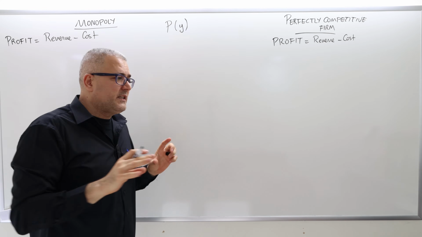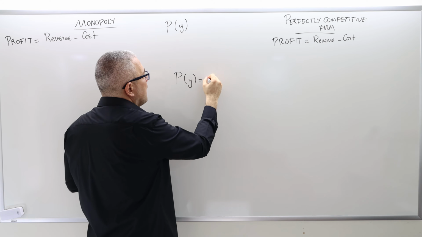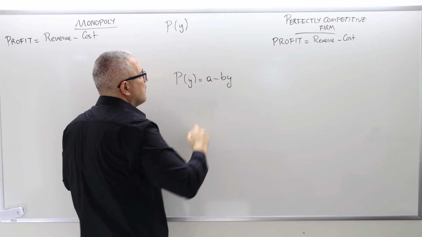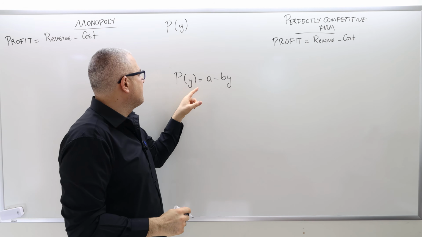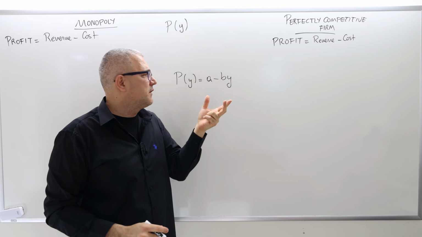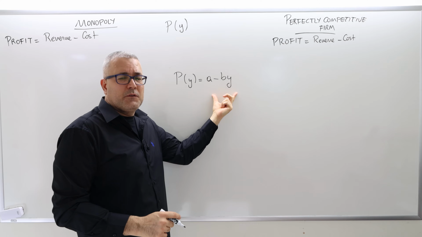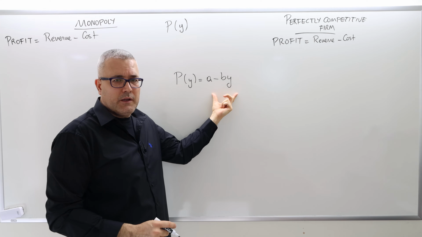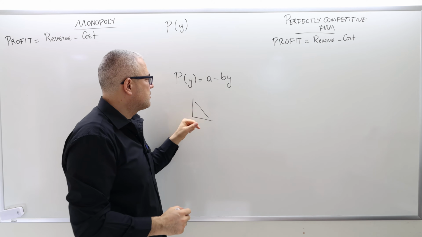Just to give an example, sometimes we say P of Y equals A minus BY, all right? So Y is the output, the quantity, and then A and B are some positive constant numbers. Therefore the price is inversely related to the quantity, so this is a linear demand curve with a downward slope.